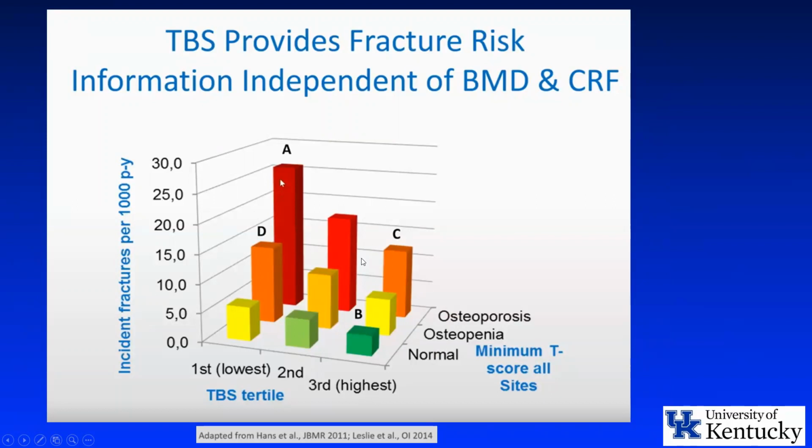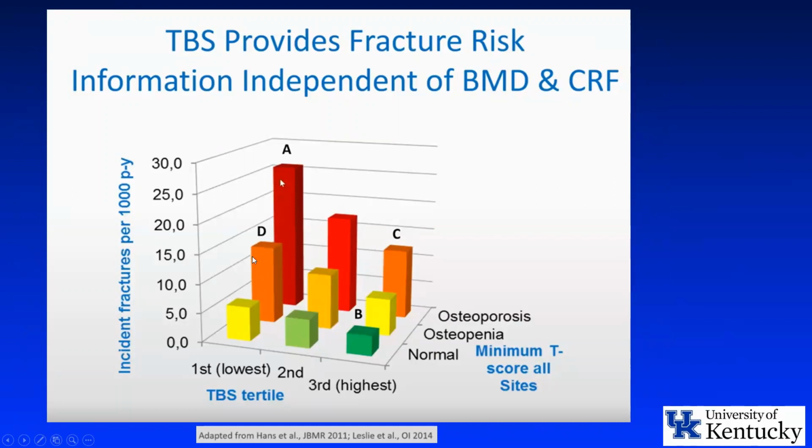But compare C and D. C is an osteoporotic patient, but has good TBS. And D is a patient with lower TBS, but they are not osteoporotic. And still D can fracture at a higher rate compared to C, despite that D is not osteoporotic, but this is probably because they have bone microarchitecture problems.